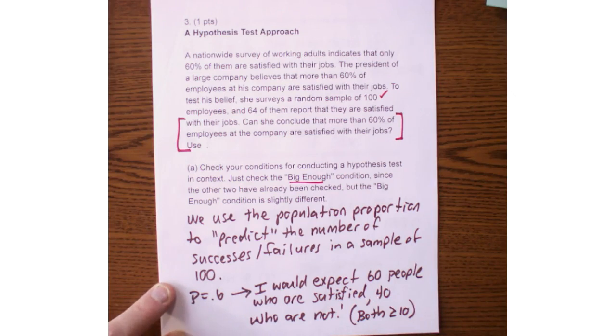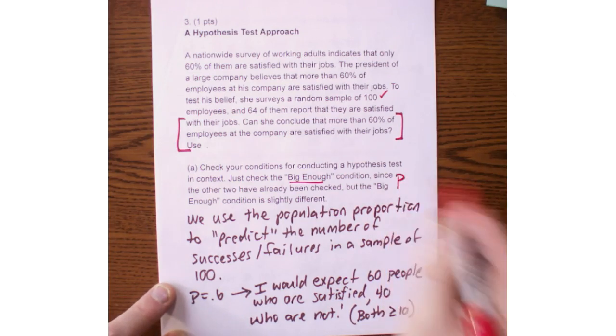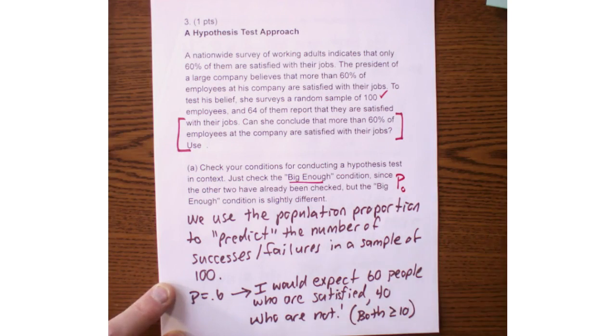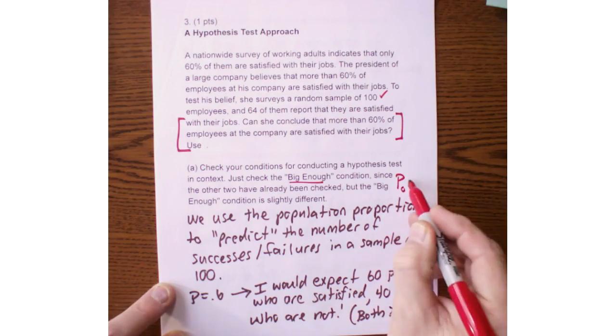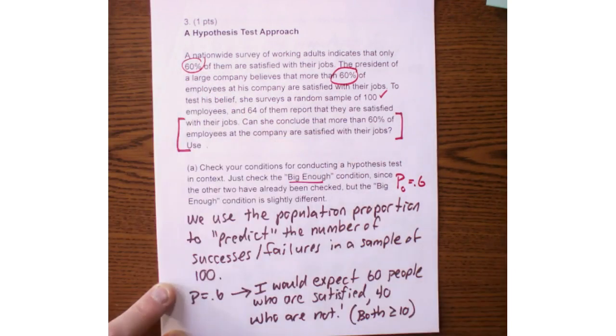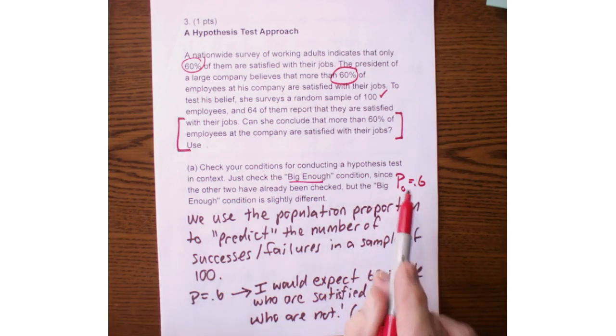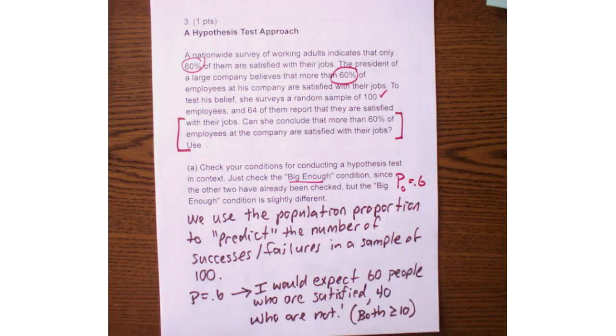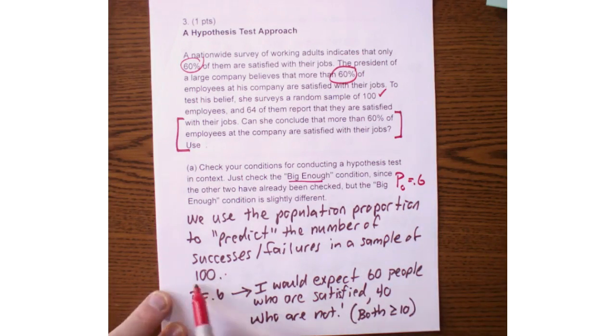In a hypothesis test, we use the null proportion, which is typically denoted as p sub-zero, like the null hypothesis. So that is actually equal to 0.6, and I get that from up here in a couple of different places. And so assuming that this is true, that my population proportion is 0.6, and I take a sample of 100, I would expect to see 60 people who are satisfied with their job and 40 people who are not satisfied with their job.